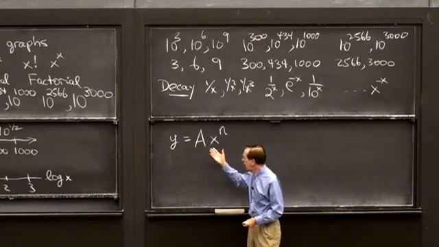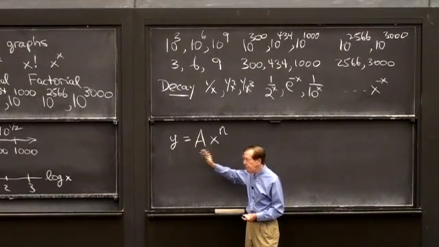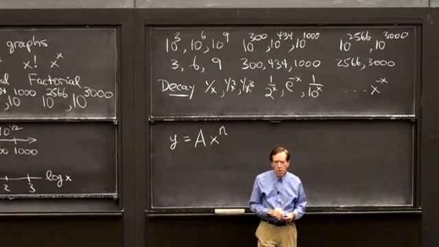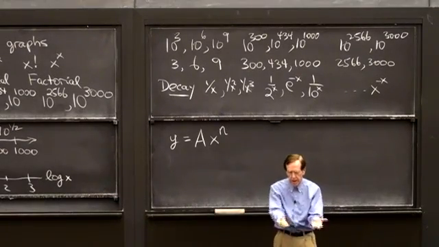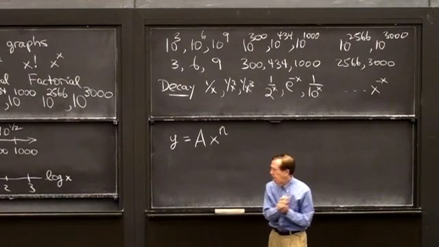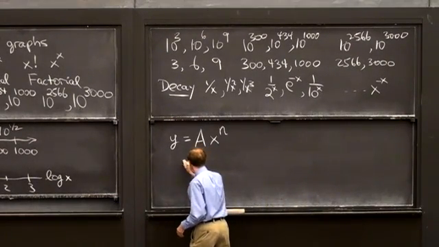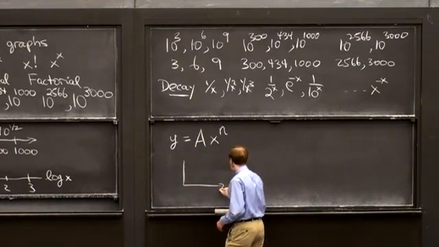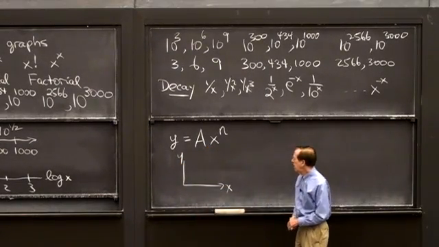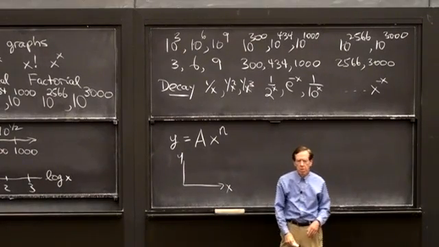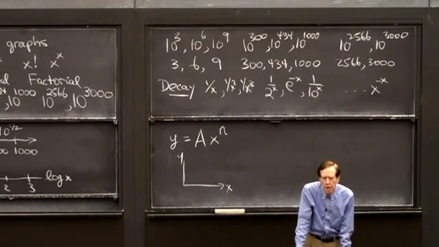And I'm just taking a simple growth law here. Okay, I would graph it. I get a bunch of points, I put them on a graph, and I look at the graph. Now, if I just graph that y, here's x and here's y, suppose n is 1.5.